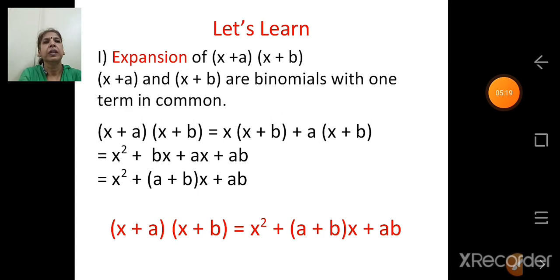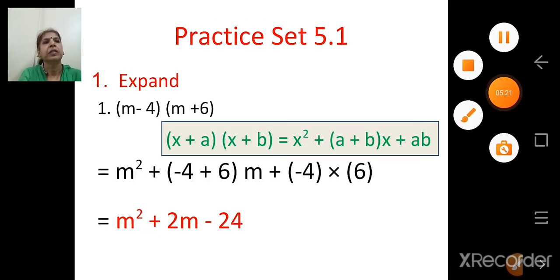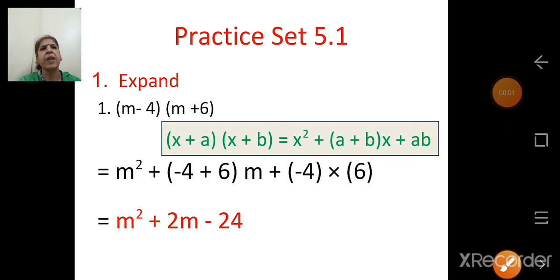5.1. Now practice set 5.1. Expand. So this is based on the formula which we have studied. Which formula have we studied? X plus a, the whole bracket, multiplied with x plus b is equal to x square plus a plus b, the whole bracket, multiplied with x plus ab.